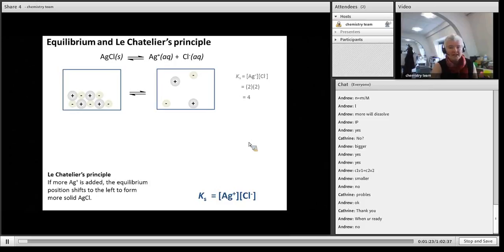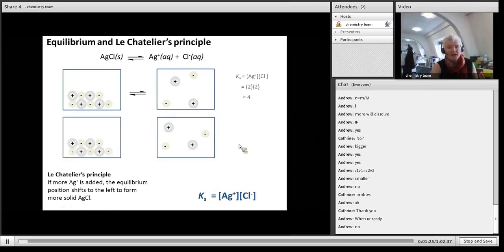So in this case, here I've had my silver chloride in equilibrium with the dissolved chloride and silver ions, and I've just made up a Ks value, because remember Ks is the concentration of your products, so it's equal to 4.